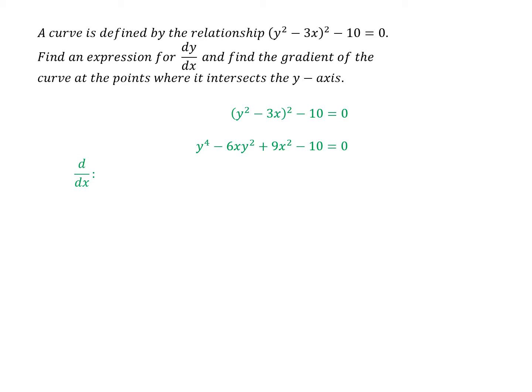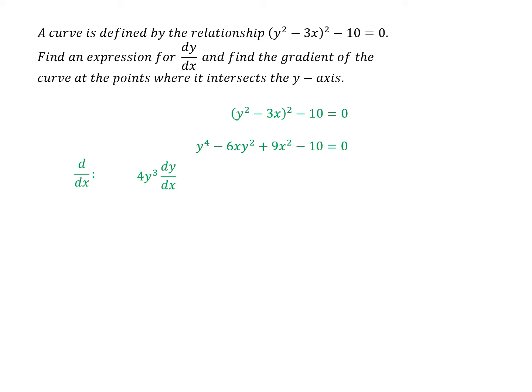Now, when I differentiate a function of y with respect to x, I have to differentiate with respect to y and then multiply by dy/dx, because differentiating with respect to x is equivalent to differentiating with respect to y and then multiplying by dy/dx. So differentiating with respect to y gives me 4y cubed, and then I multiply by dy/dx.